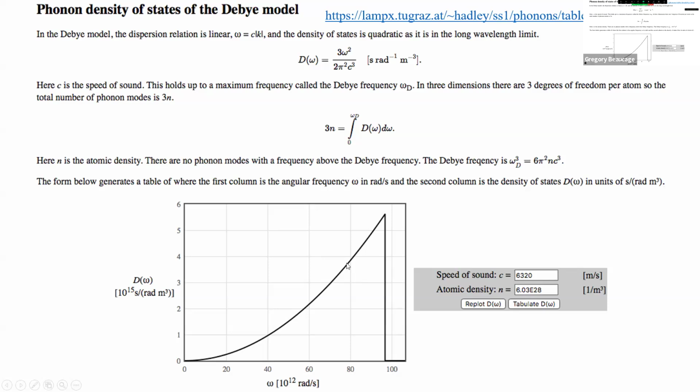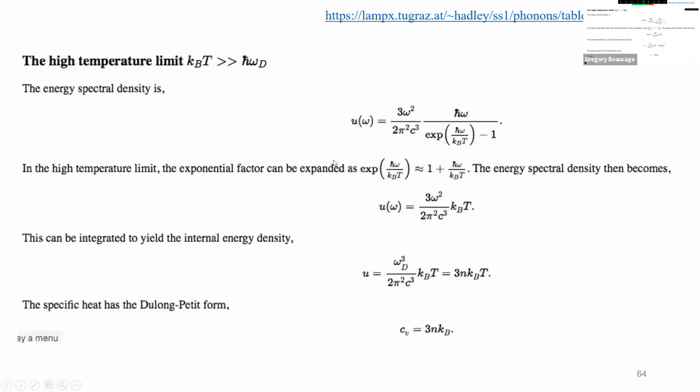The Einstein density of states is just one value, so you have one population at one frequency, and the Debye has this distribution of frequencies because you can take the energy from this expression using the Bose-Einstein distribution and get that in the limit of high temperature.